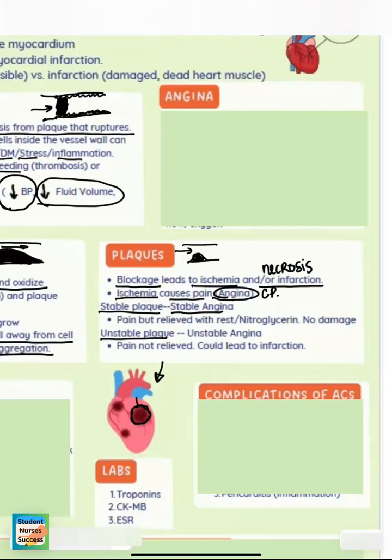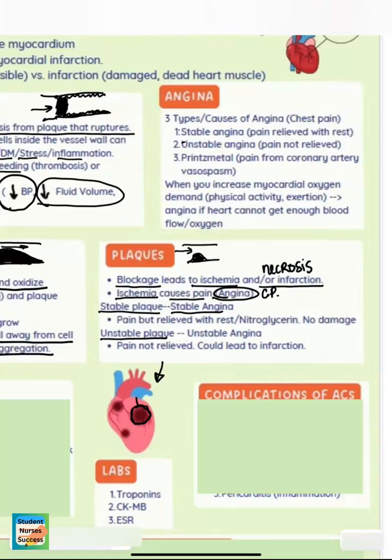In a stable plaque, when you start exercising, you're probably not going to get enough blood flow to your heart muscle, and your heart muscle is going to get a little ischemic, and it's going to start to hurt, and you're going to have angina, and that pain's going to make you stop that activity. And when you stop that activity, that extra demand has backed off, and now the flow that you have is probably enough, and that chest pain is going to go away.